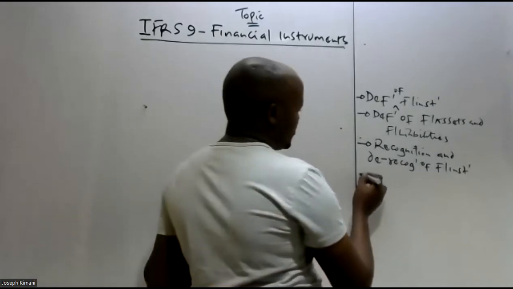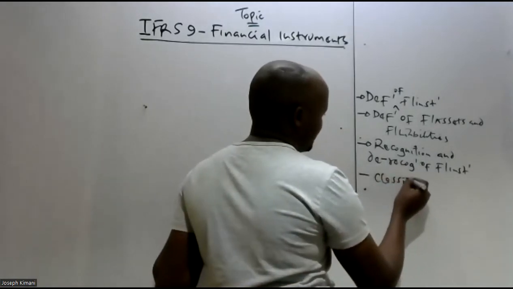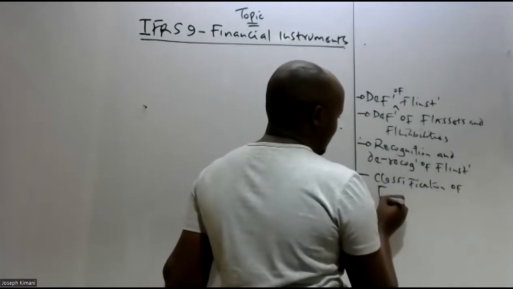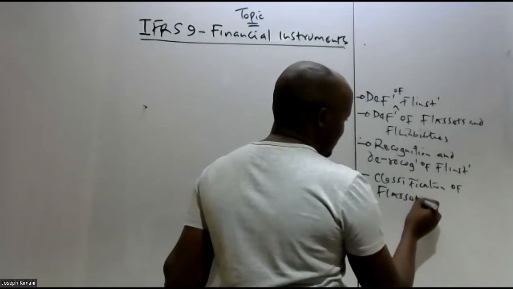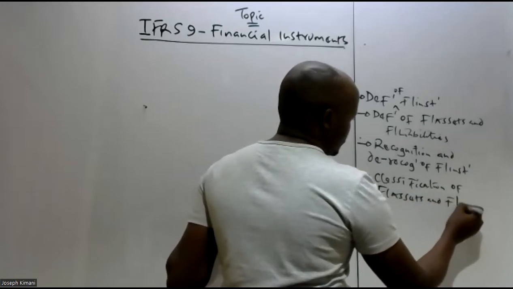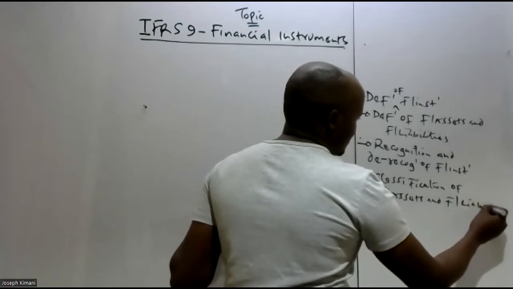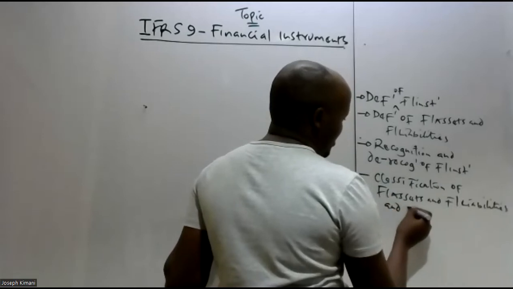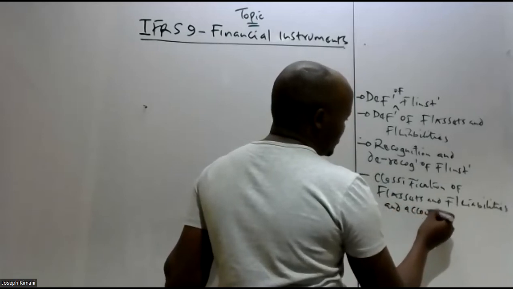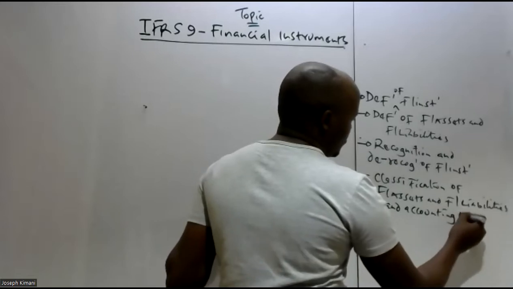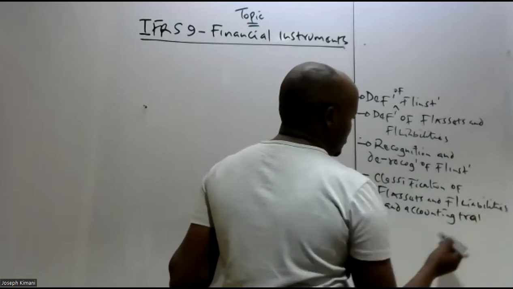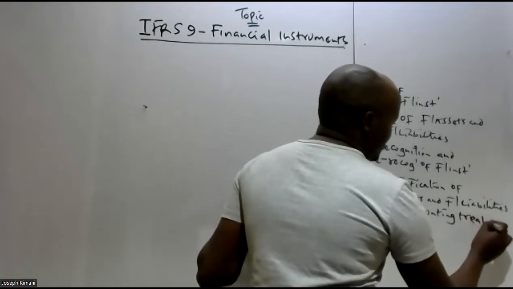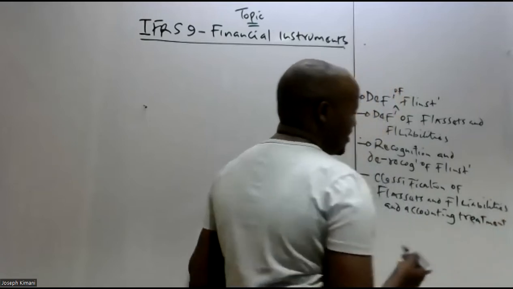And then we also look at the classification of financial assets and financial liabilities, and also the accounting treatment, or basically how different types of financial assets and financial liabilities are accounted for in the company's books of account.